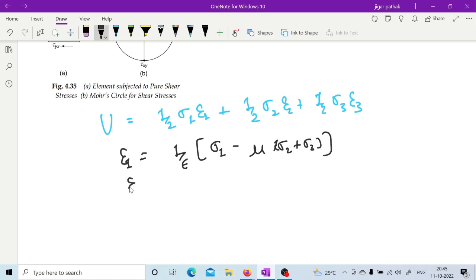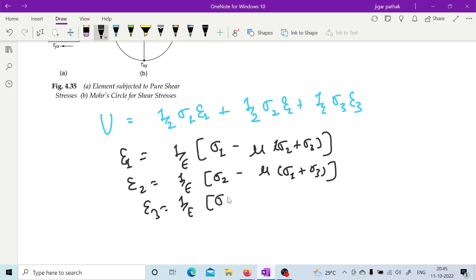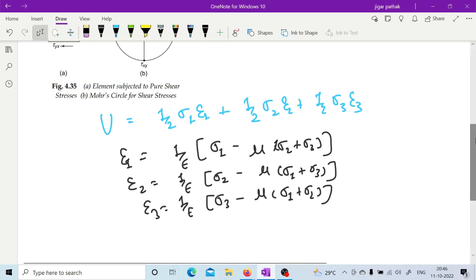Similarly e2 and e3 are given the same way, and e3 is 1 upon E times sigma 3 minus mu times sigma 1 plus sigma 2. In the other two directions the Poisson's ratio takes care of the lateral and longitudinal stress, since it considers both.